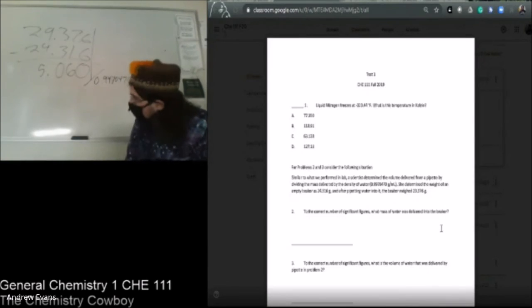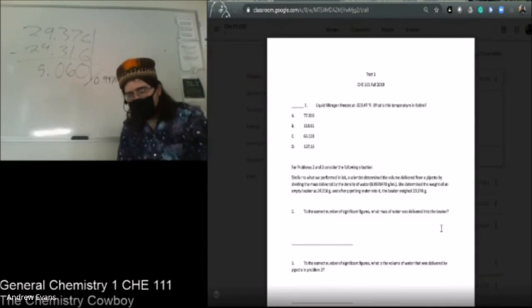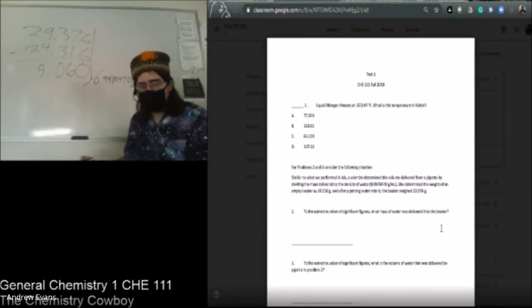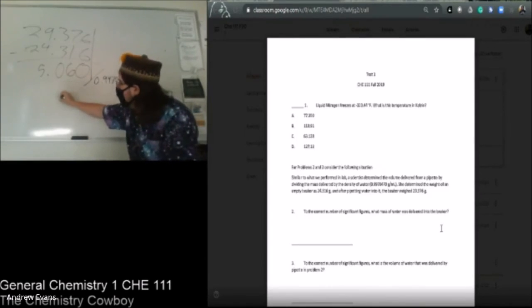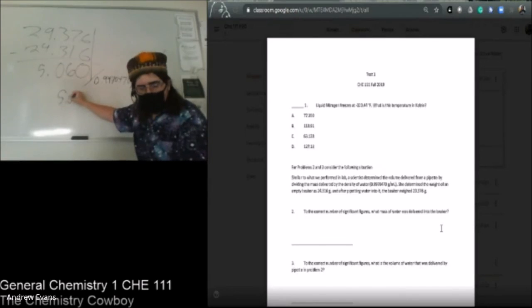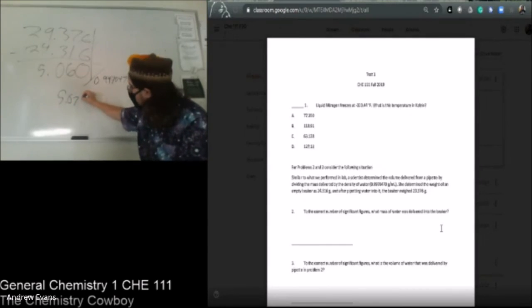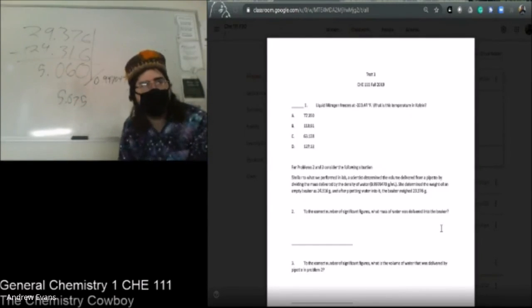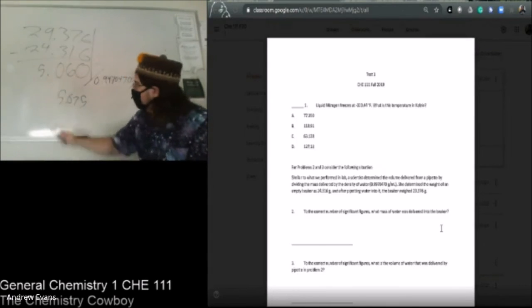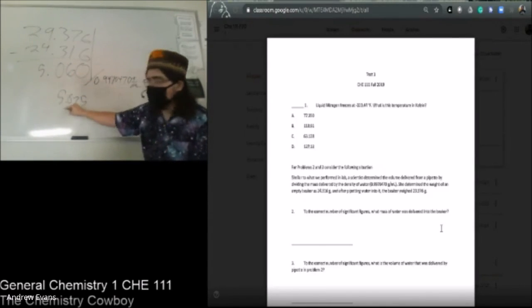All right, 5.060 divided by 0.99747. So it doesn't change by much, but it goes to 5.075. And that's 4 sig figs.